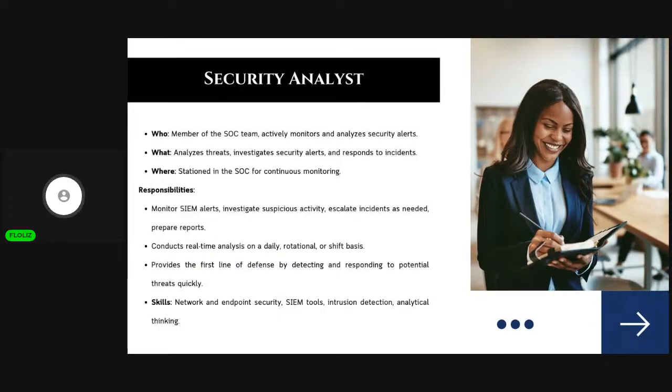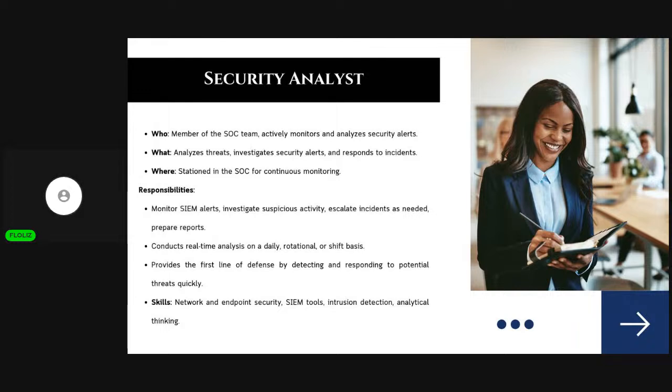We also have the security analyst. For you to be a security analyst, some of the skills you will need are network and endpoint security. You also need to be analytical, because to detect threats and vulnerabilities, you have to be very smart because of social engineering, phishing, and other forms of cyber crime.